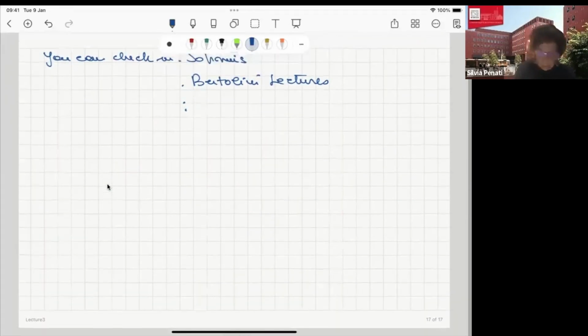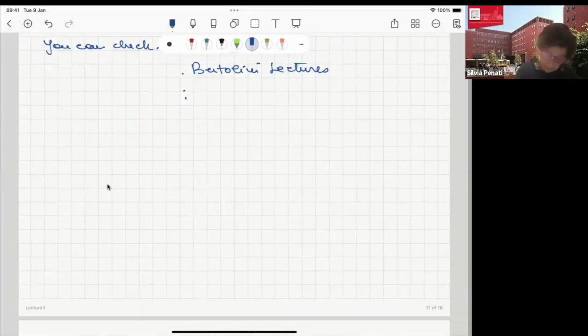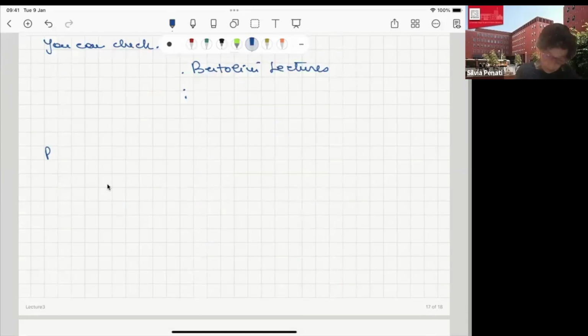Okay, so let's go to this new chapter, representations of SUSY algebra.